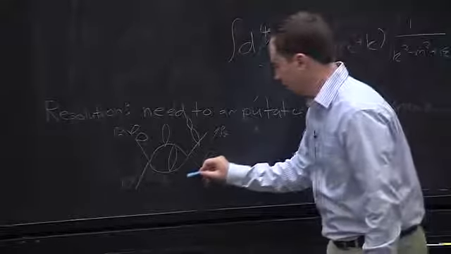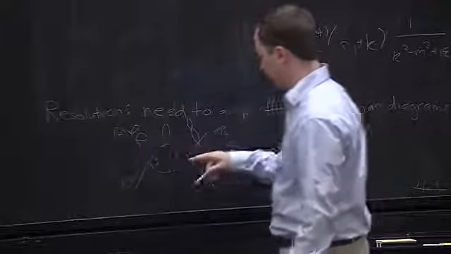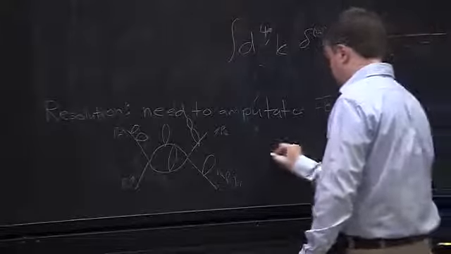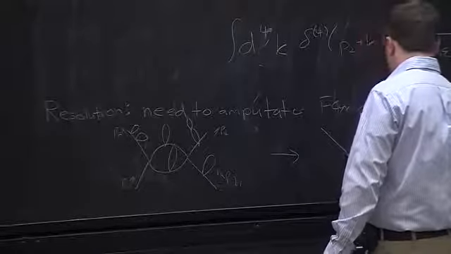So if I cut this line here, this line here, this line here, and just replace parts I amputate with a single line, then the diagram takes this form.